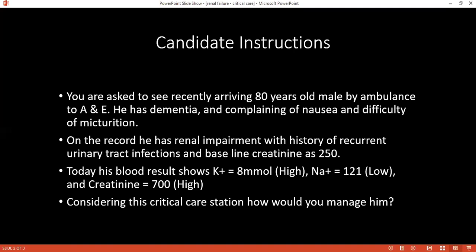Just suppose you're managing this patient and the patient's hyperkalemia does not get corrected, and in order to save the heart, you decide to go for dialysis. Can you tell me what ethical considerations you will keep in mind when making this decision? Okay, I will first counsel the patient and the family and take consent from the patient.